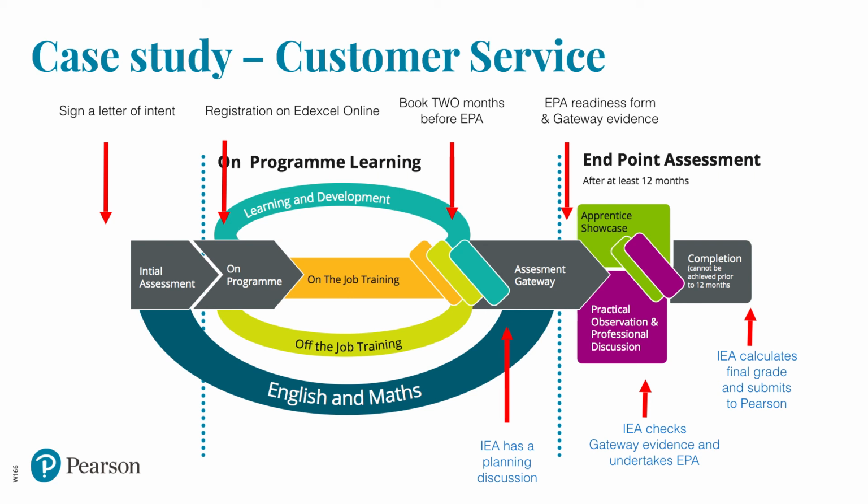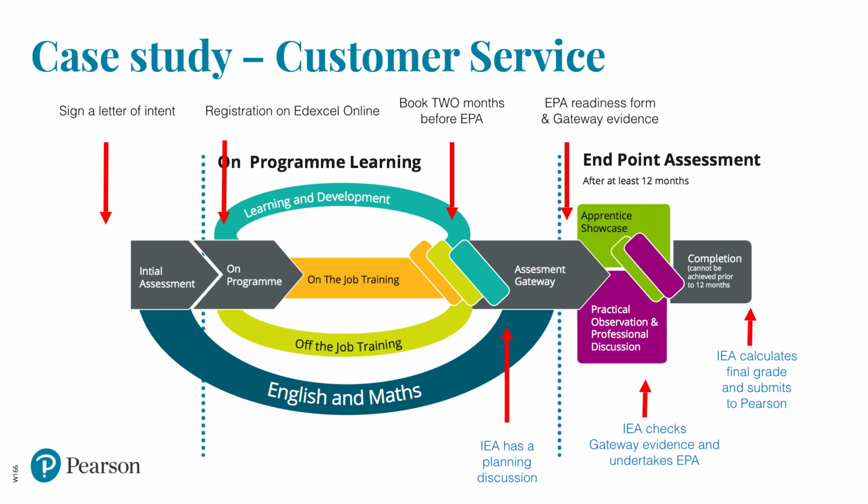At the start of on-programme, you will register your apprentices to Edexcel Online. The purpose here is so that we can see very early within the apprenticeship program your pipeline of apprentices, and what this does is allow Pearson to plan and ensure that endpoint assessor resources are in place.